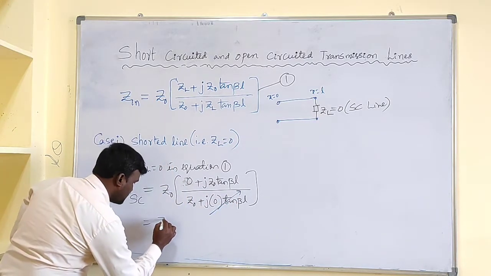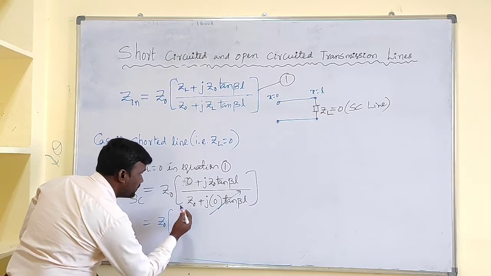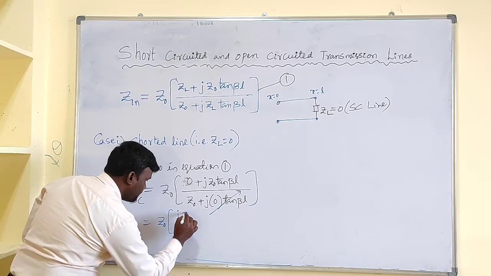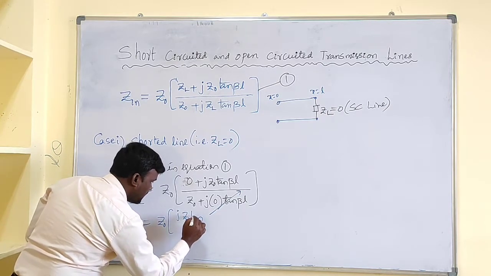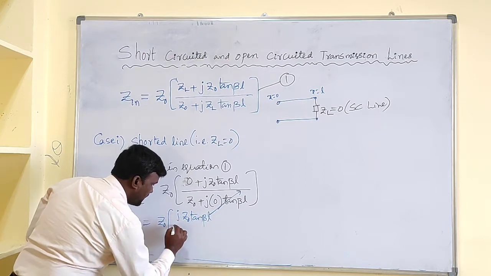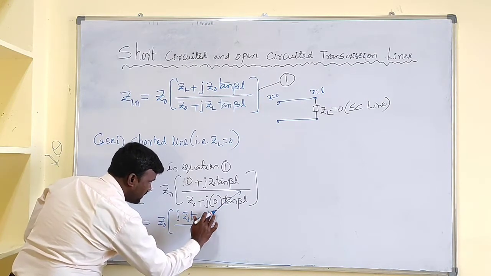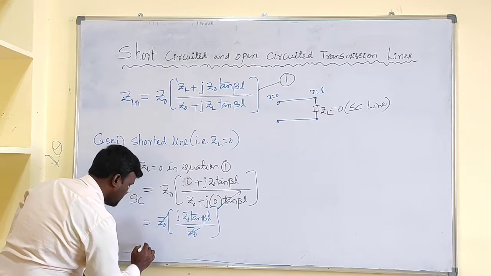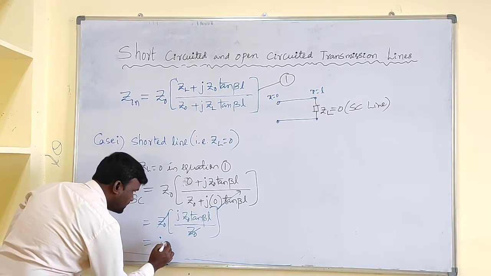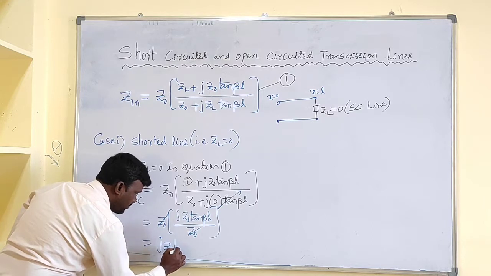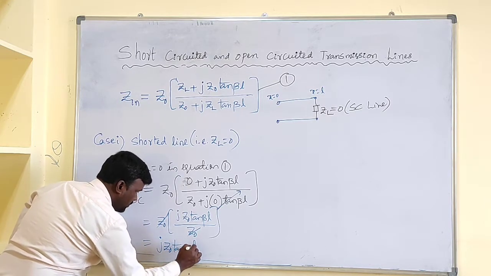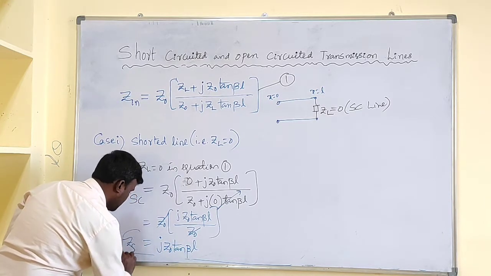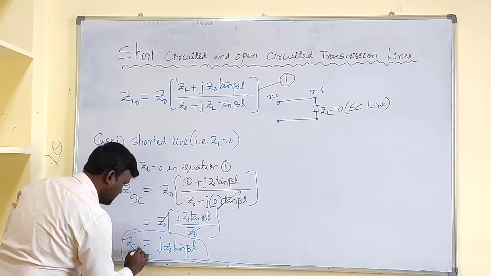Finally we have the expression Z0 into JZ0 tan beta L divided by Z0. The Z0 cancels out, so we get JZ0 tan beta L.